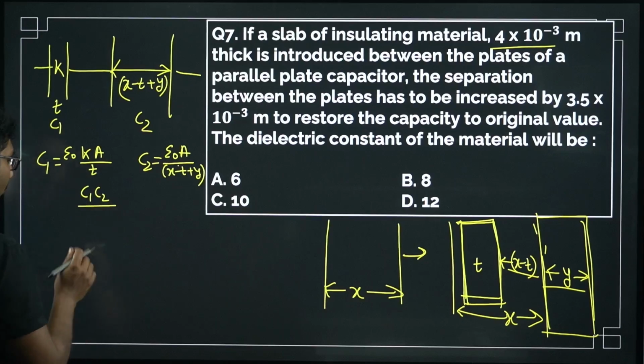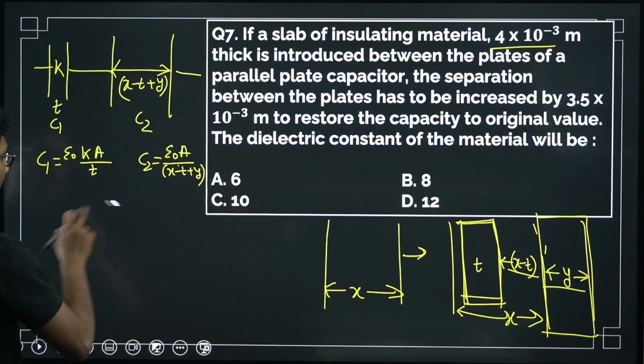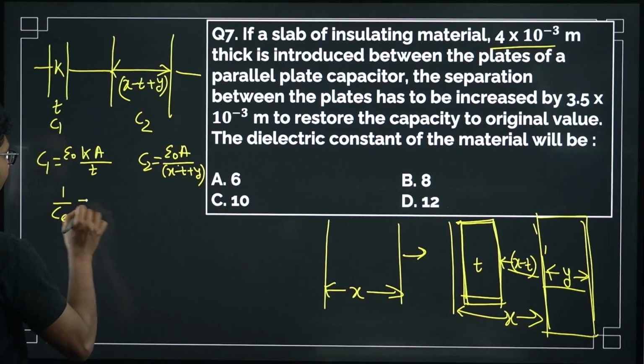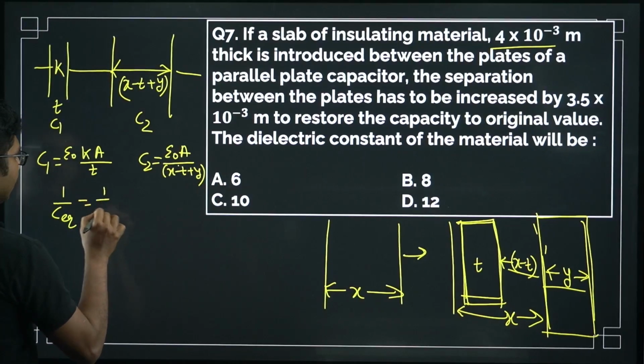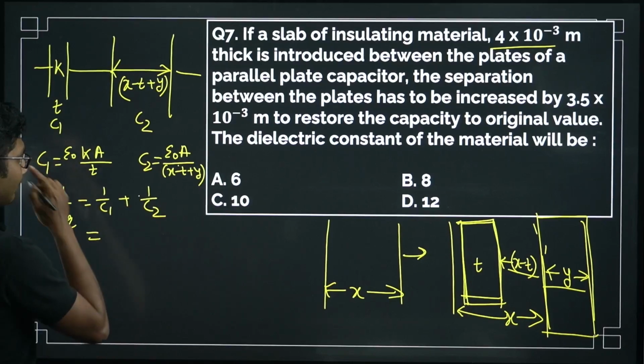You can use this formula, or in this case I think it will be better if I use the older formula, that is 1 by C equivalent equals 1 by C1 plus 1 by C2. This will be better for this problem.